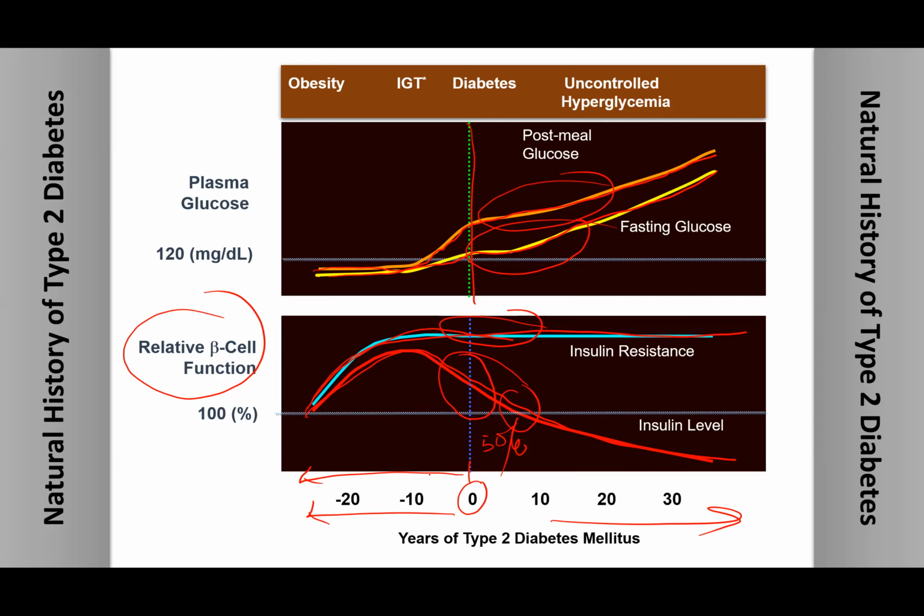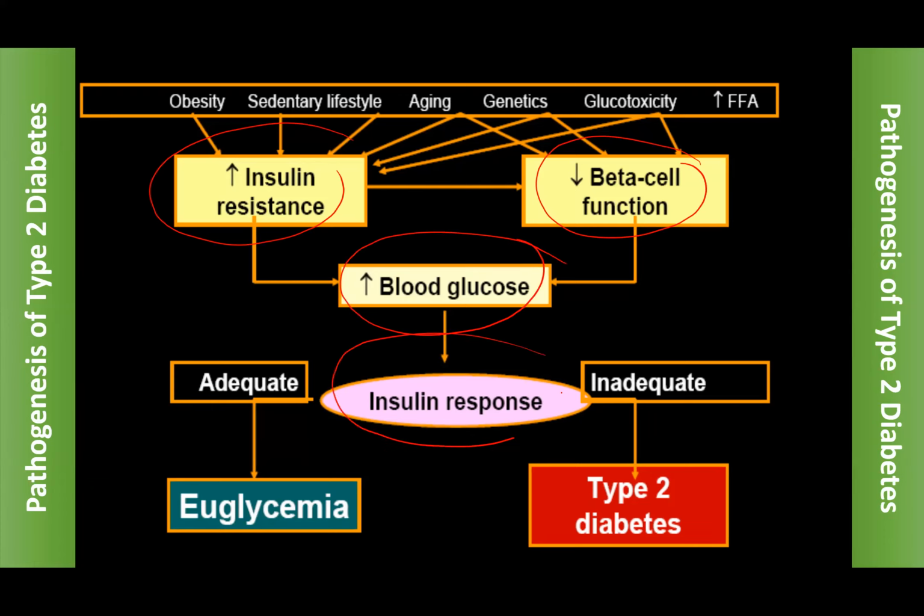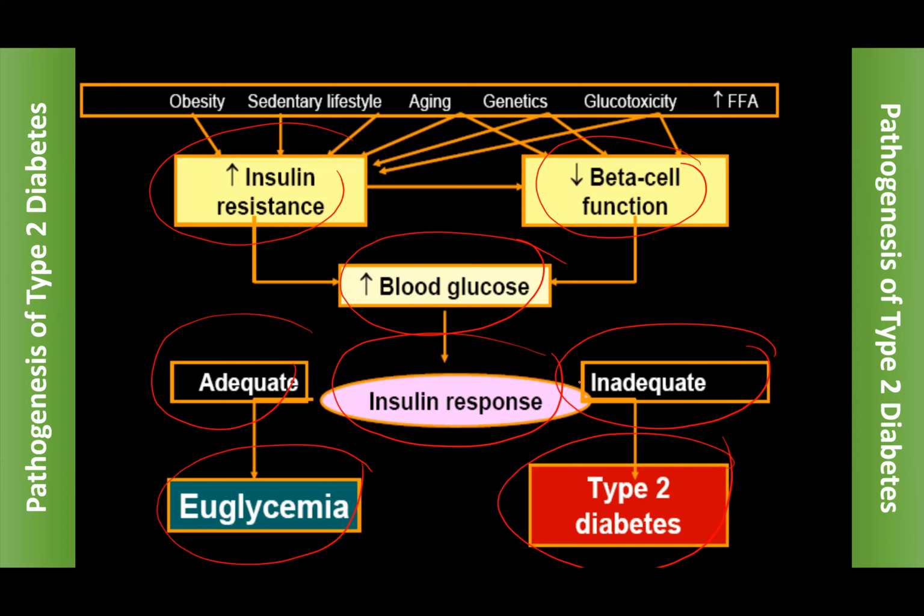That is what is called treatment and management of pre-diabetes. There is insulin resistance and decreased beta cell function. Blood glucose increases, and insulin response occurs. If there is an adequate response, euglycemia; if inadequate, type 2 diabetes occurs.